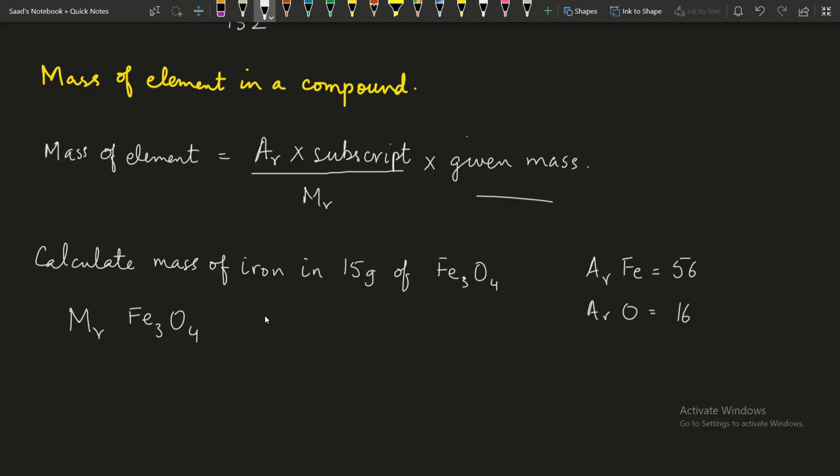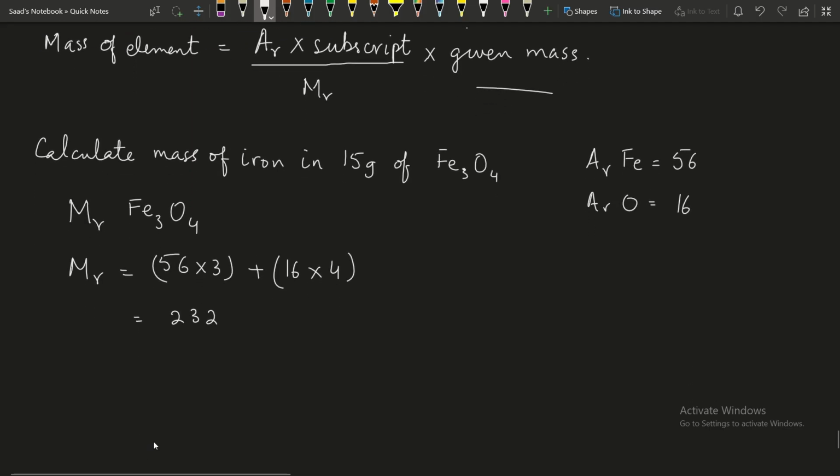So first of all we need to calculate the relative molecular mass of Fe3O4, and it would be, atomic mass of iron is 56, so it would be 56 multiplied by 3 plus 16 multiplied by 4, and we'll calculate it. It would be 232. Now you can use this formula, write the values. You have to find out the mass of iron.